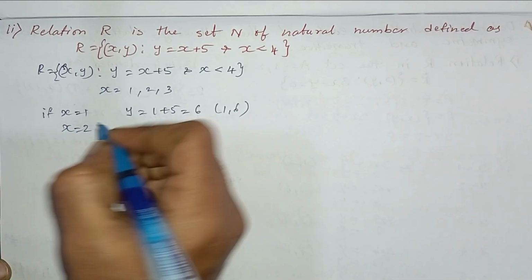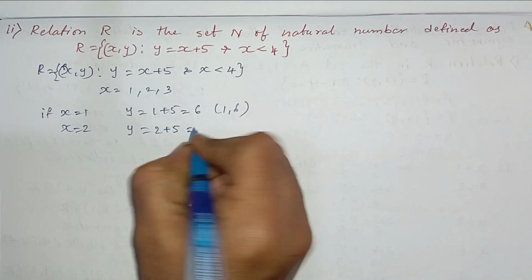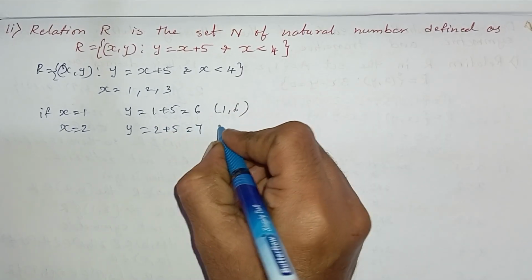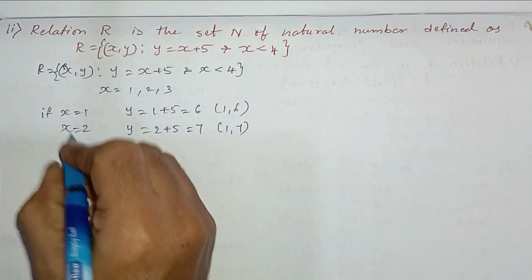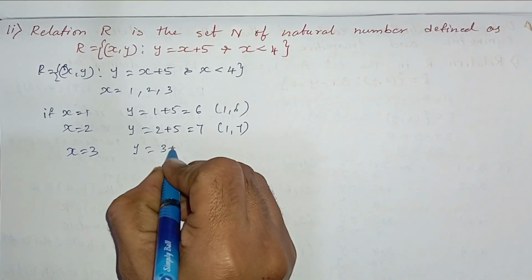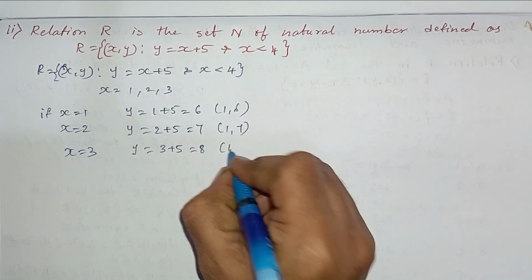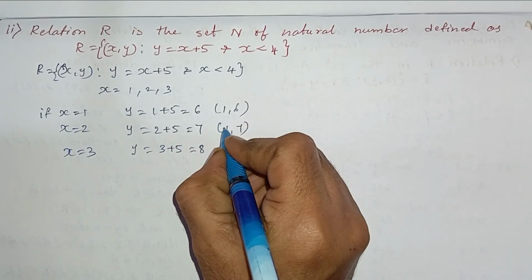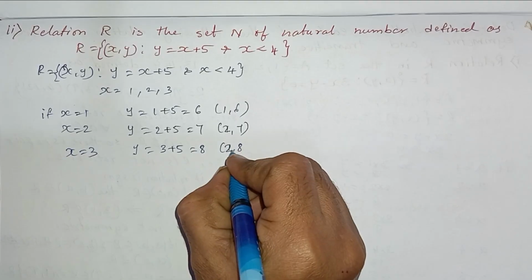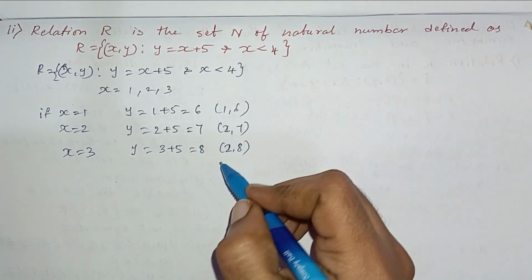If x is 2, then y is 2 plus 5, that is 7, so (2, 7). And if x is 3, then y is 3 plus 5, which is 8, so (3, 8). So we have three ordered pairs.